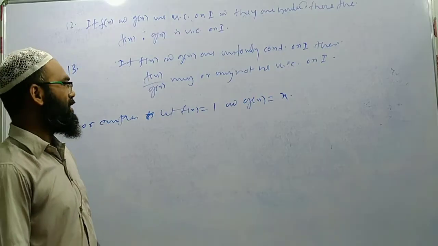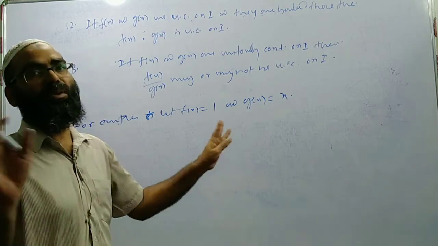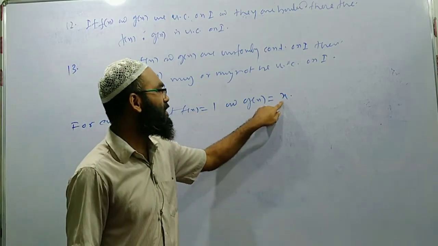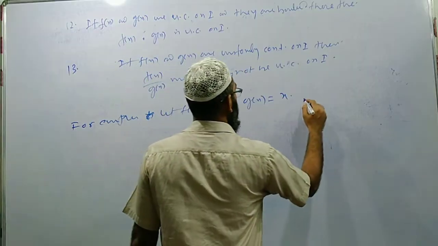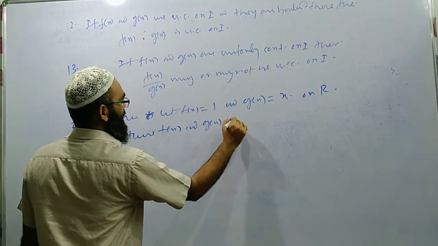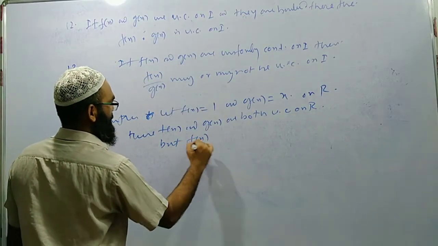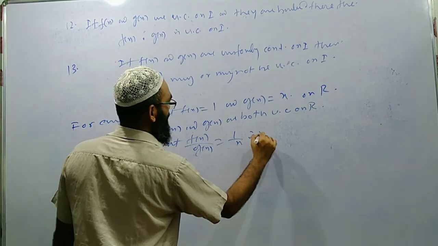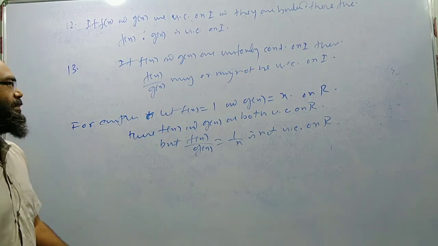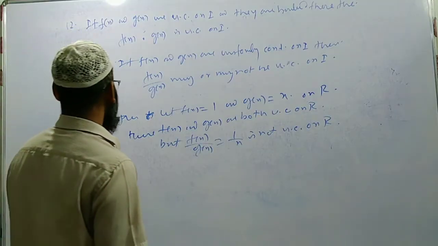It is a well known result that every constant function is uniformly continuous on R. So f(x) equal to 1 is uniformly continuous on R, and g(x) is also uniformly continuous on R, but f(x) by g(x) equal to 1 by x is not uniformly continuous on R. If two functions are uniformly continuous, then their ratio may or may not be uniformly continuous.